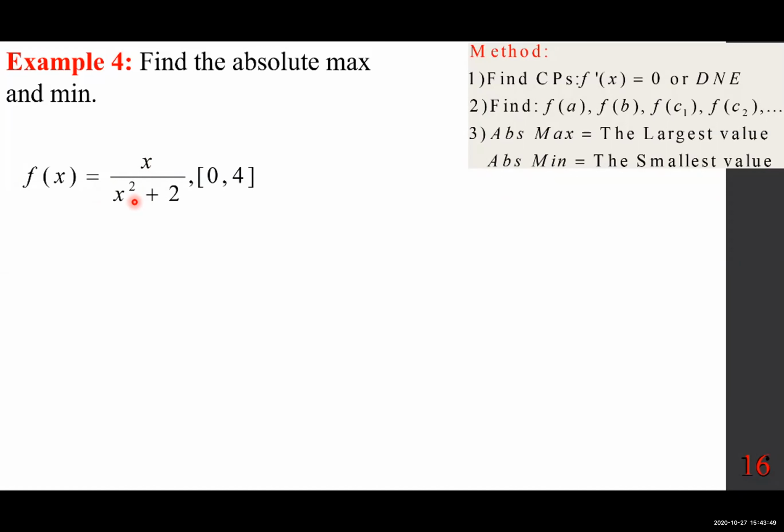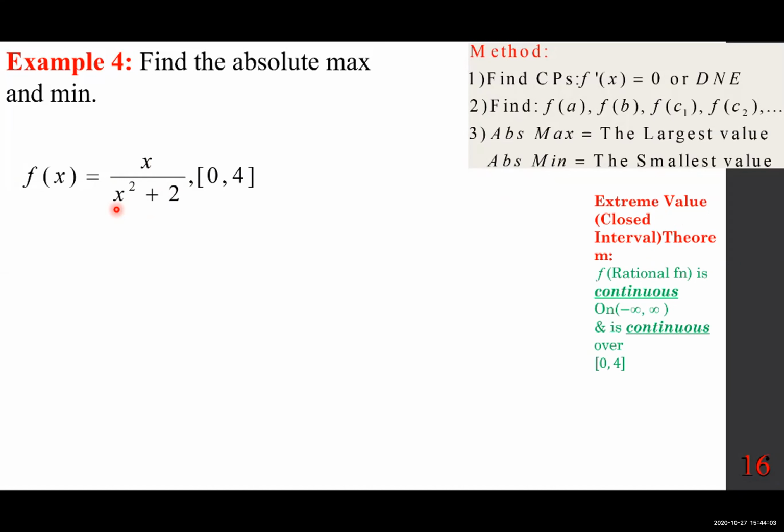So how do you find the domain of any rational function? You set the denominator equal to 0 and you exclude that. X squared plus 2, because it's plus 2, can never be 0. So although it's a rational function, there is no restriction and the domain is all real numbers.